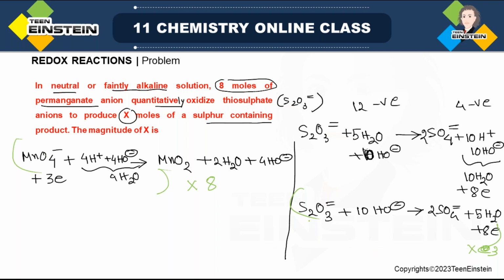That means in the final balanced equation, you will get 6 SO4 2 minus. I'm not writing the balanced equation because you don't need to write it. You just need the number with which you will multiply this equation both sides. So you are multiplying the MnO4 equation with 8.